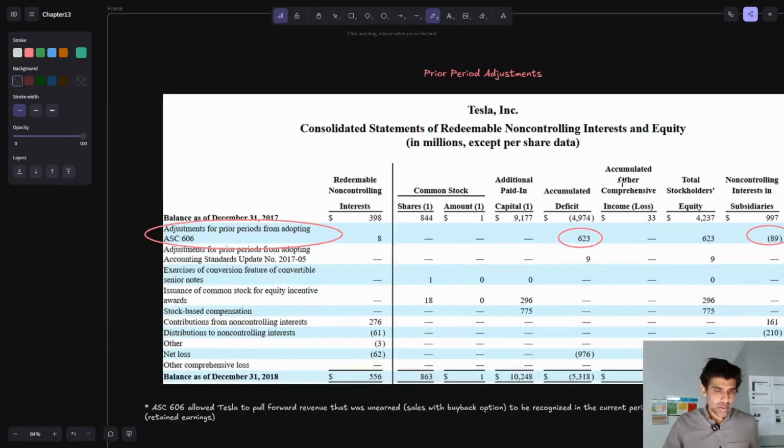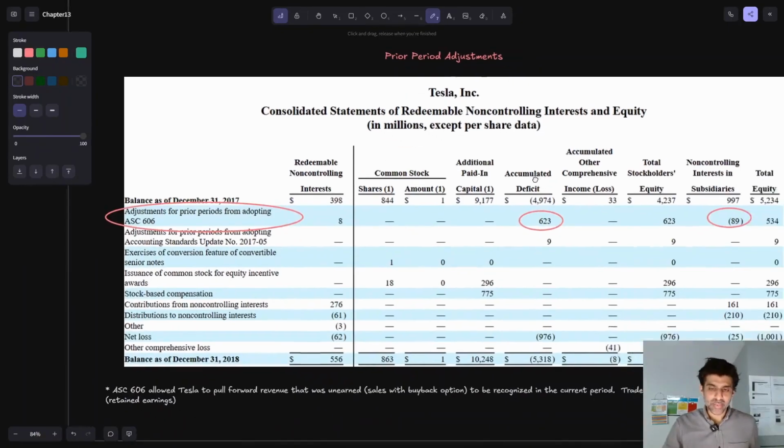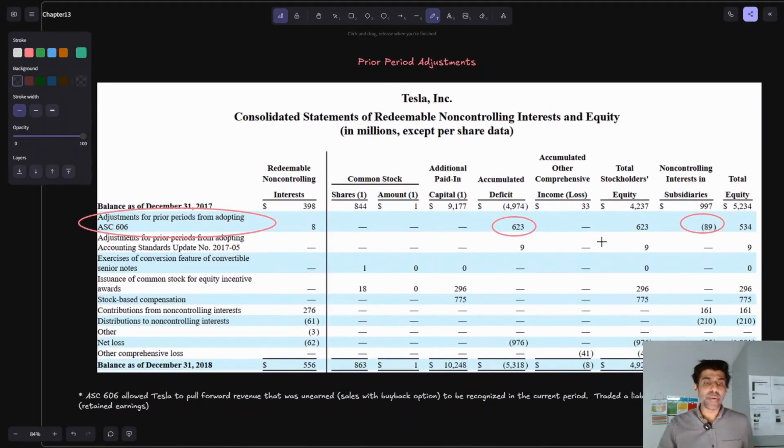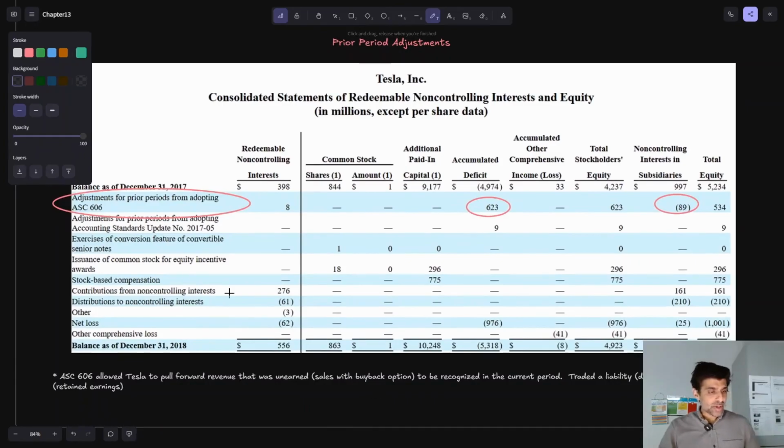Another topic that they talk about in the chapter is prior period adjustments. So this is Tesla. This adjustment that they made basically allowed Tesla to pull forward revenue.